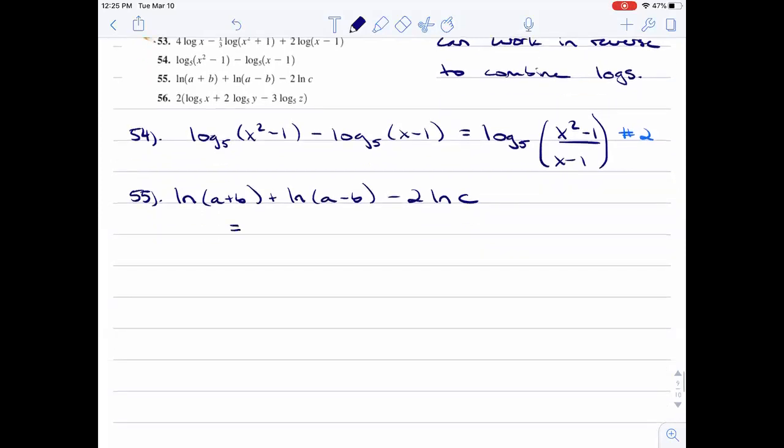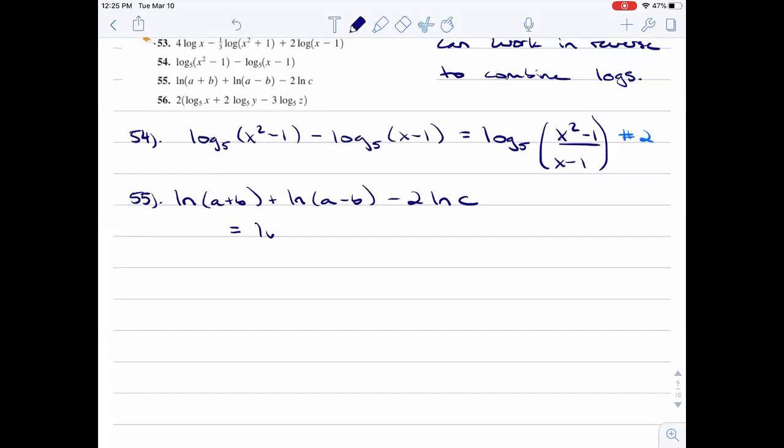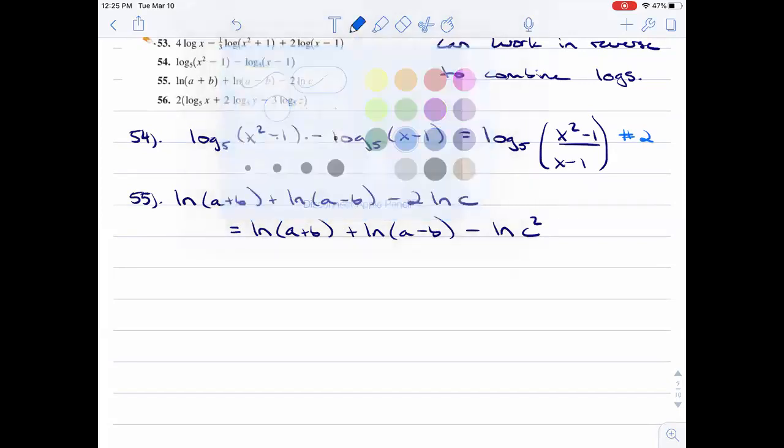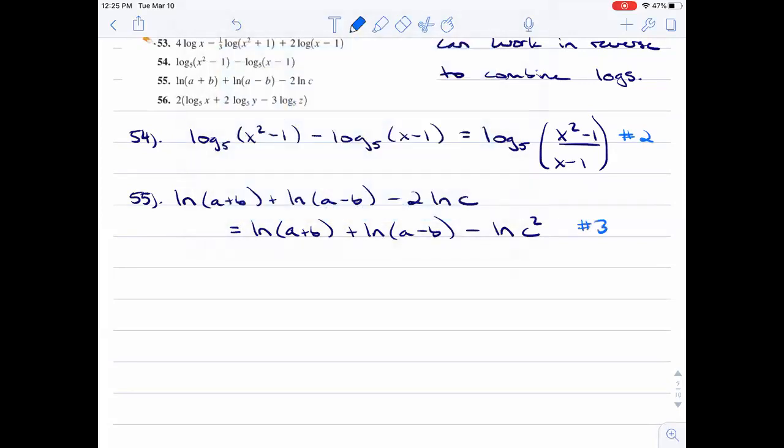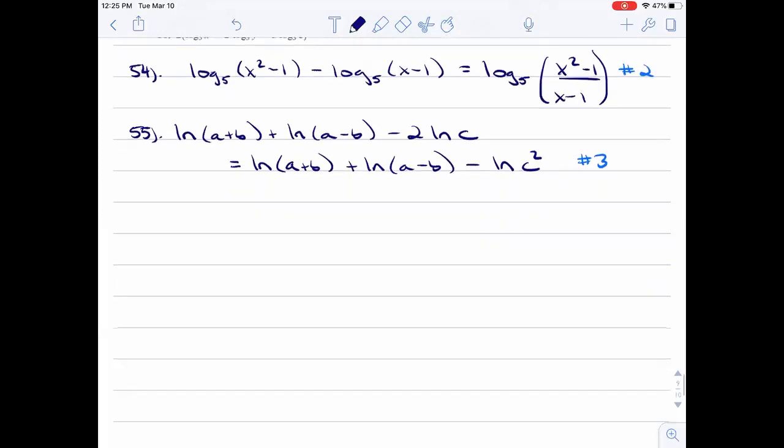I'll make myself some more room here. So I've got the natural log of a plus b plus the natural log of a minus b minus the natural log of c squared. The only thing I'm changing is bringing that 2 up into the power. This is rule number 3. Now, these are all log base e, the natural log, so I can write the natural log on the outside.